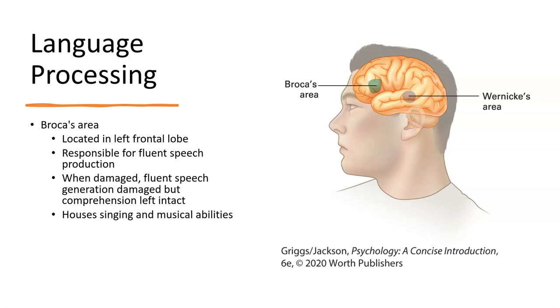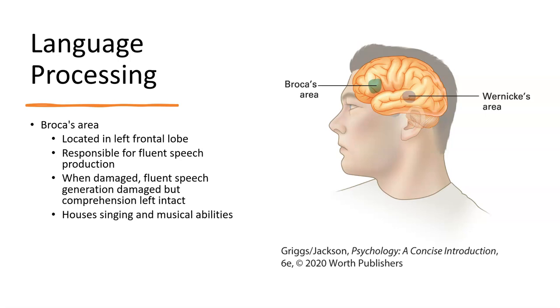Language is probably the ability that humans have that has generated the most discussion of how different humans are from various other species. Now, we are limited in being able to make the argument that humans are the only species that uses language.